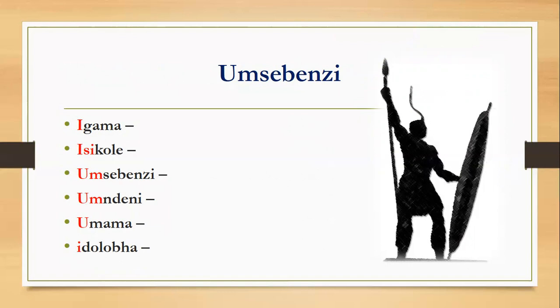So we have got the first one, igama. Igama, name. What would be the plural? Igama, amagama. We're just using that table that I showed you guys earlier for both the singular and the plural nouns. Isikole, school. The plural would be izikole.